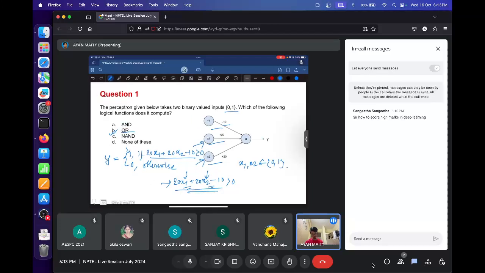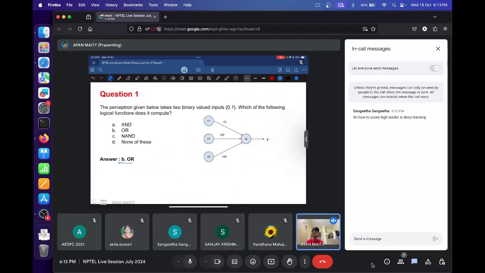So the correct output is option B, OR gate. Is there any doubt in this question? No? Okay, thank you.